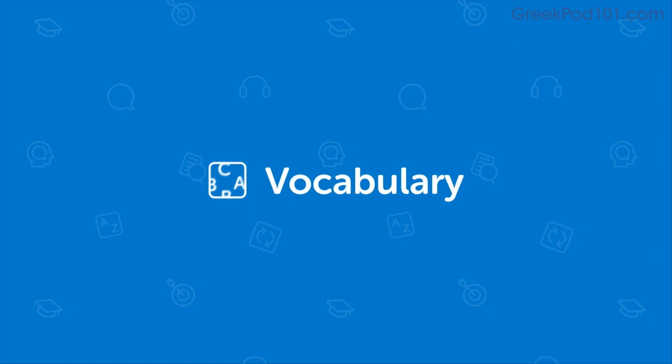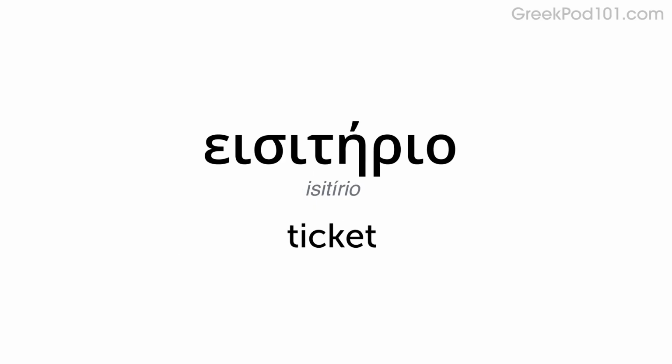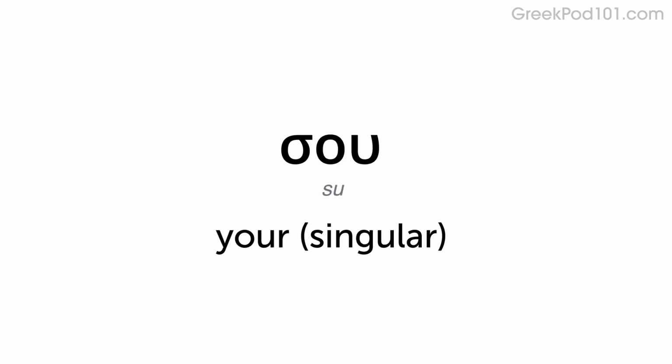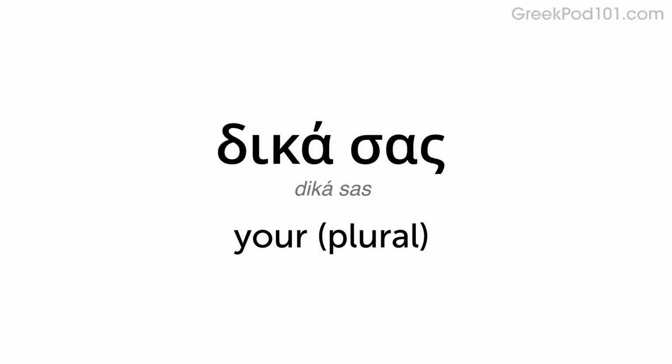Now you will hear the key vocabulary, followed by the English translation. Έχεις. You have. Εισιτήριο. Ticket. Σου. Your. Έχετε. You have. Plural. Δικά σας. Your. Plural.